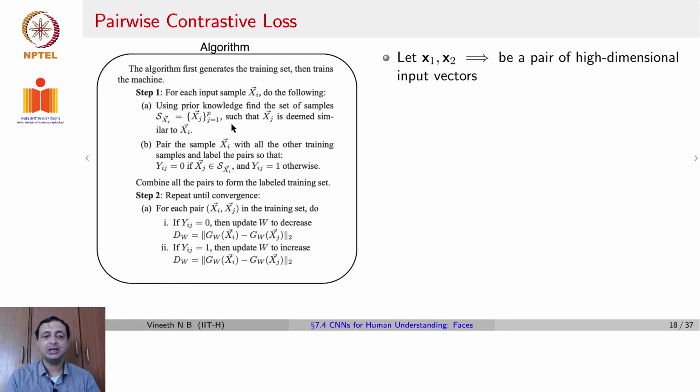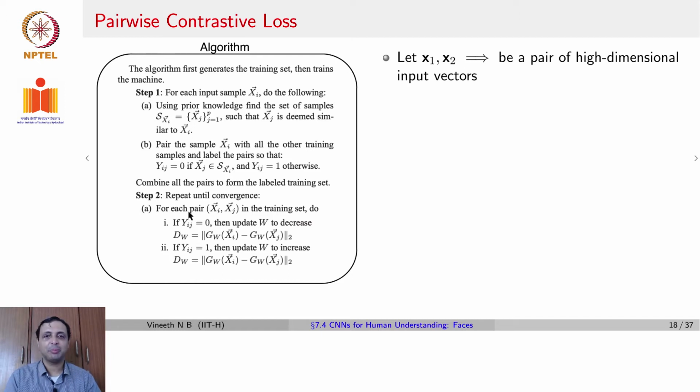We also say that yij, which is given xi and xj, would be 0 if these points are similar. Similarly, you identify dissimilar points, which could be images of two different people, where you give a label yij equal to 1. Now, what do we want to do when we train?